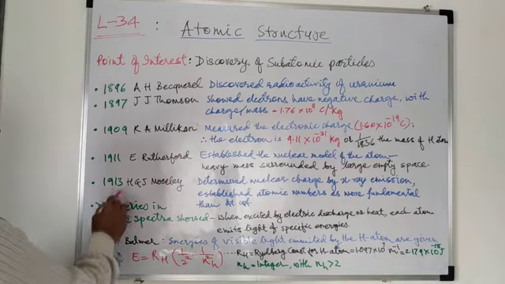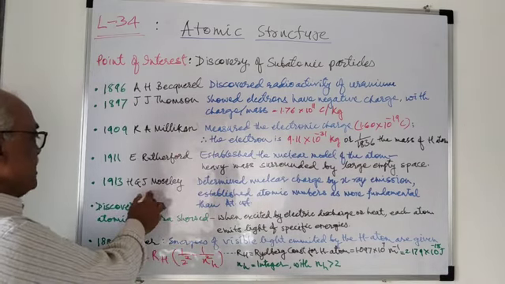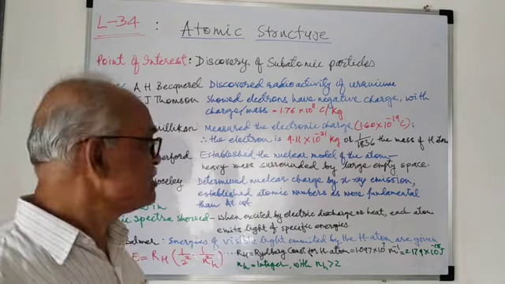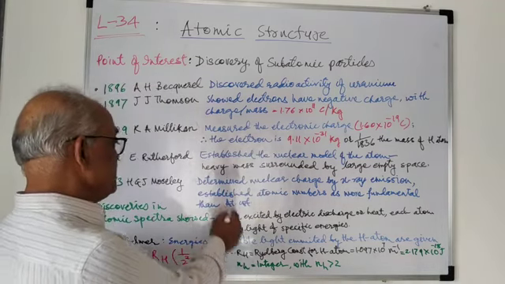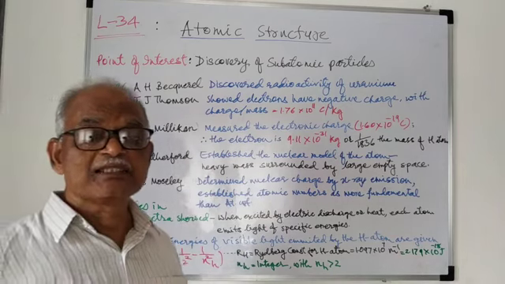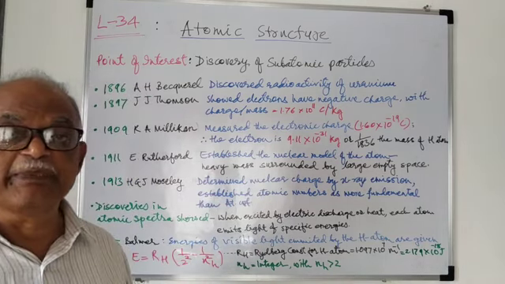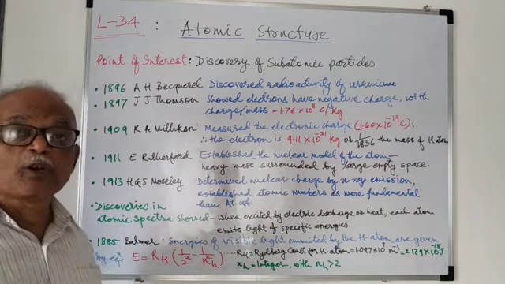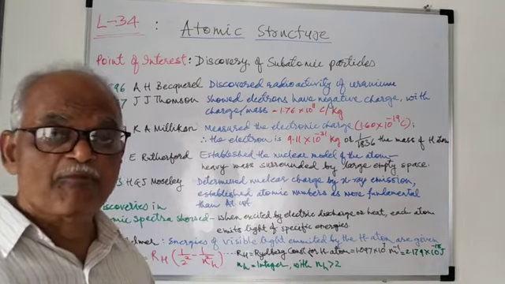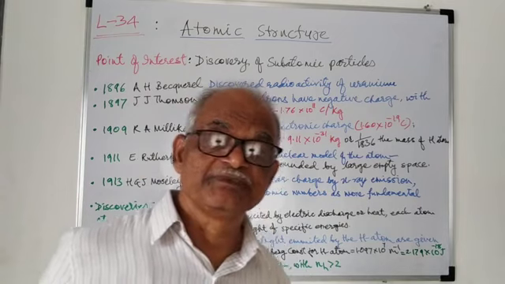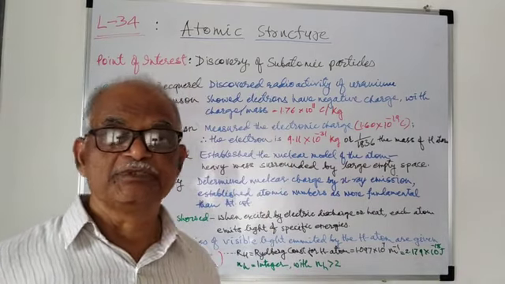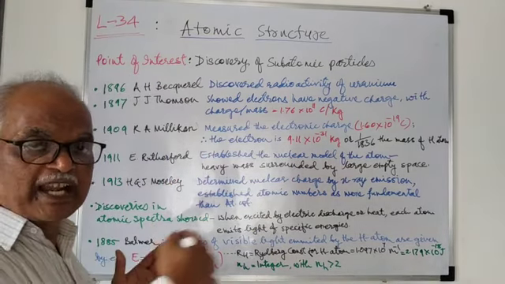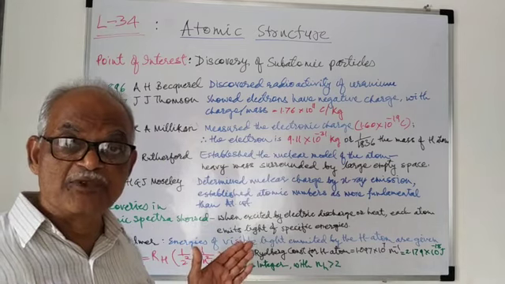Another scientist, in 1913, H.G.J. Moseley, determined nuclear charge by X-ray emission, and he established atomic number as the most fundamental property of an element rather than the atomic weight, because we have earlier studied that the periodic table prepared by Mendeleev and Meyer was based on organizing the elements in increasing order of their atomic weights.